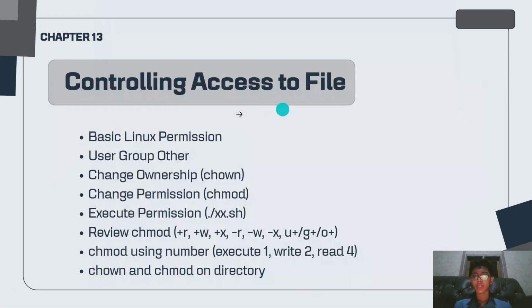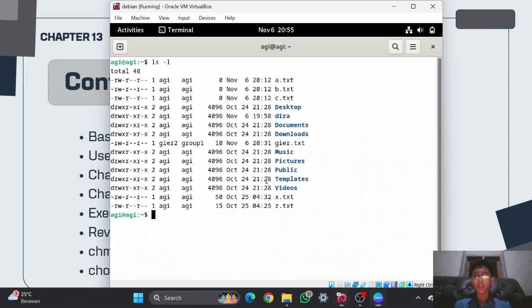And for the next one, there is change ownership. It is chown. So for example, I want to make the ownership of a.txt into gr2.